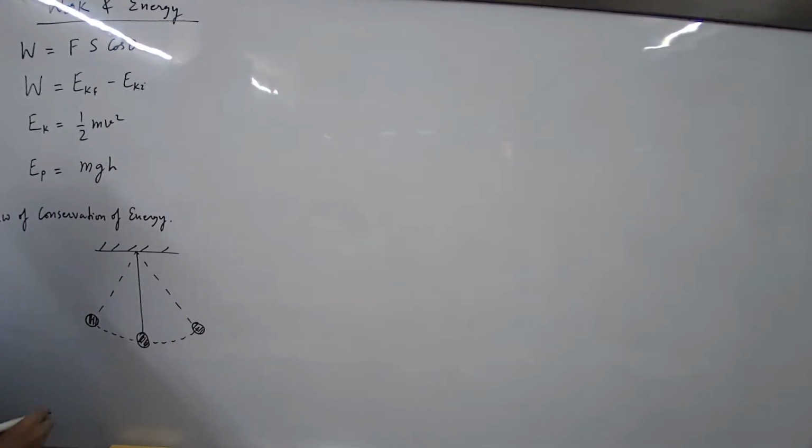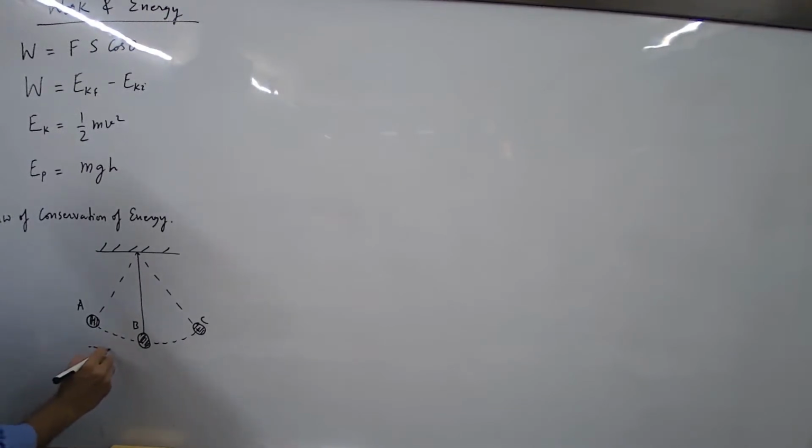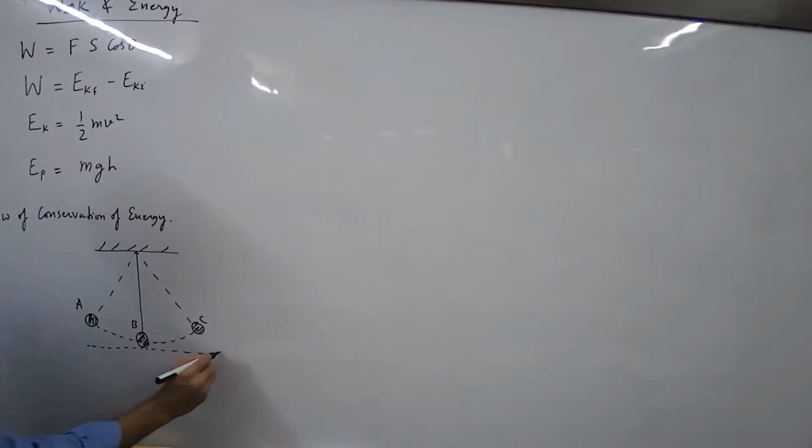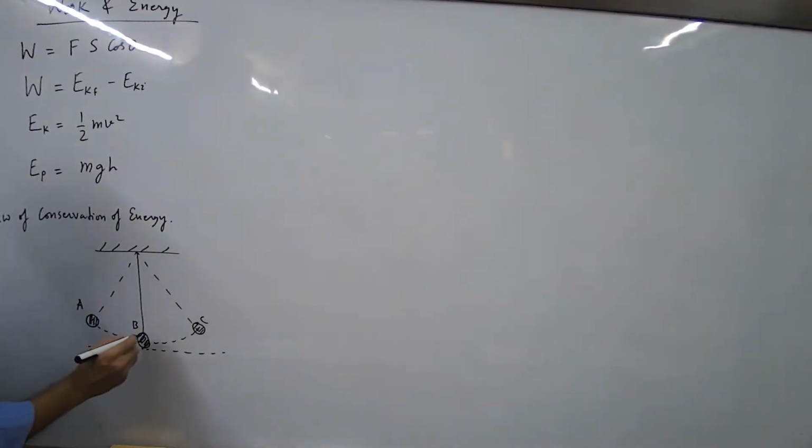Let us say these are the three positions, A, B and C. Imagine this is the ground level, or level 0 for the bob at mean position.